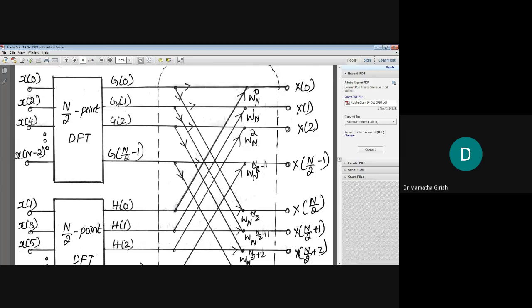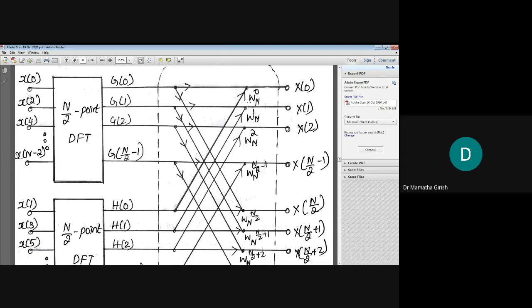What exactly you must understand from this particular flow diagram is this: what is my given DFT here? The given DFT X of k is an N point DFT. So what is the first stage of decomposition? Decompose or decimate or split the given N point DFT into N by 2 point DFTs.